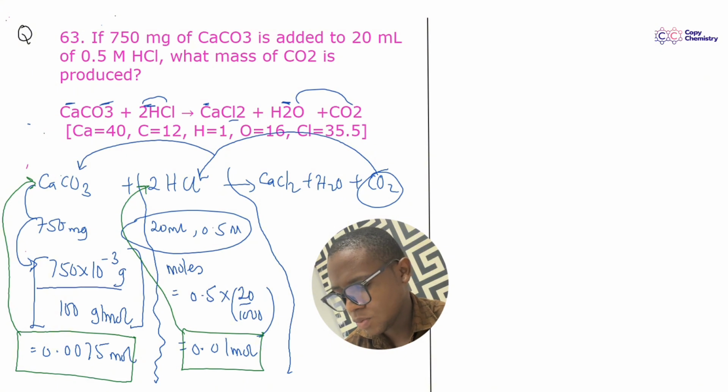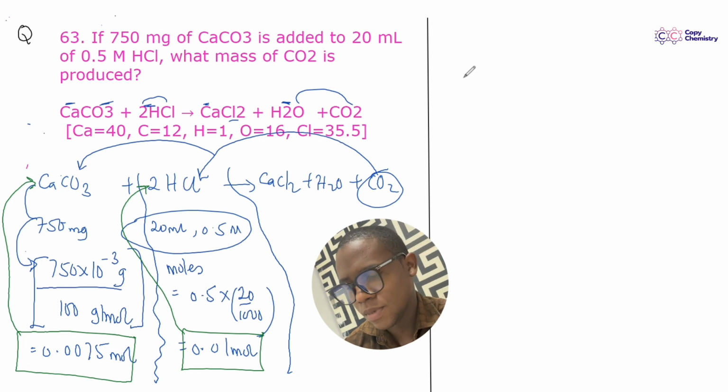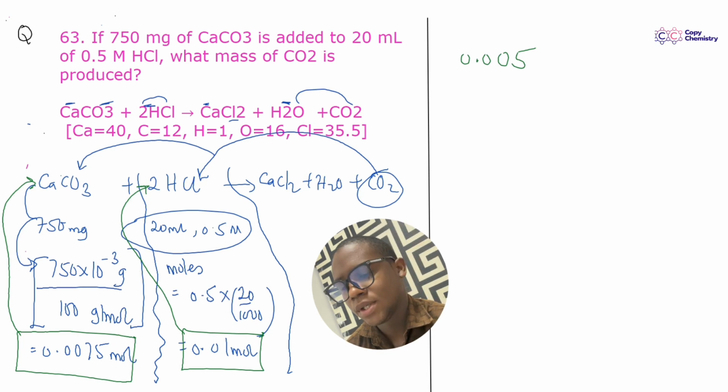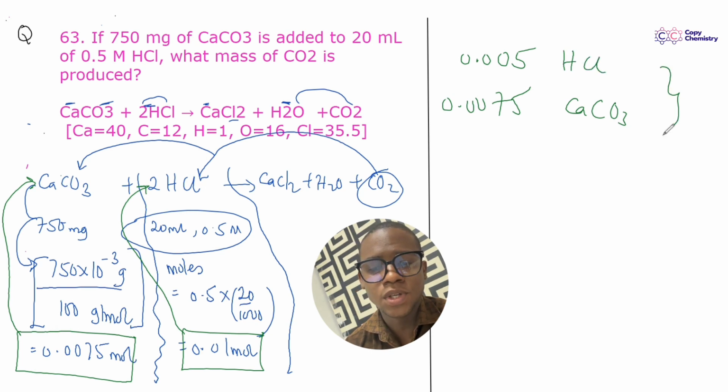And the other one, which is 0.01 divided by 2, would give me 0.005. It doesn't have a unit because I'm dividing moles by moles. So 0.005 and 0.0075, that's what I'm comparing. This is for CaCO3 and this is for HCl. See what I'm doing here in this green ink?